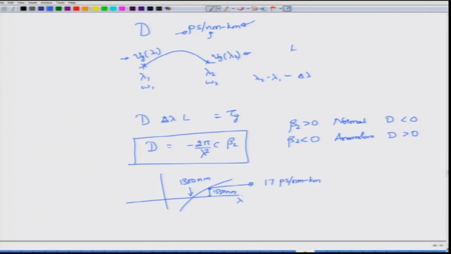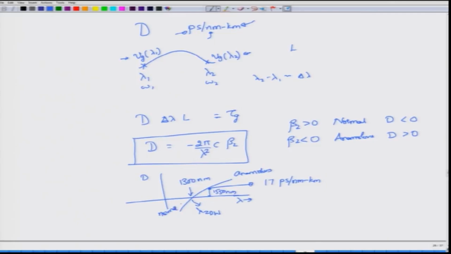Okay. So, what I have plotted is lambda on the x axis and D on the y axis. Of course, after this 1300 nanometer, which is called lambda ZDW, where ZDW is called the zero dispersion wavelength, the region here is anomalous, whereas the region here is normal. Okay.